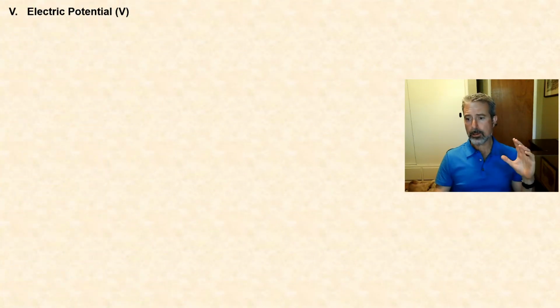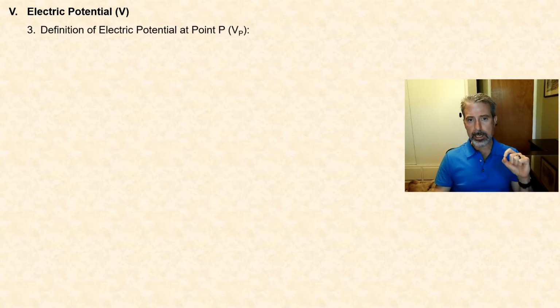So with a definition of a 0 point for electric potential energy and electric potential, we can now go from this quantity we call electric potential difference to this quantity we call electric potential, which specifies the electric potential at a single point in space.